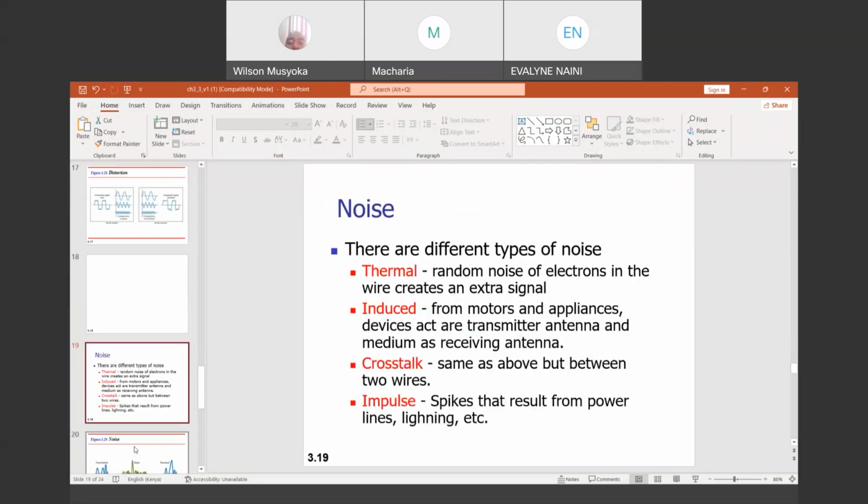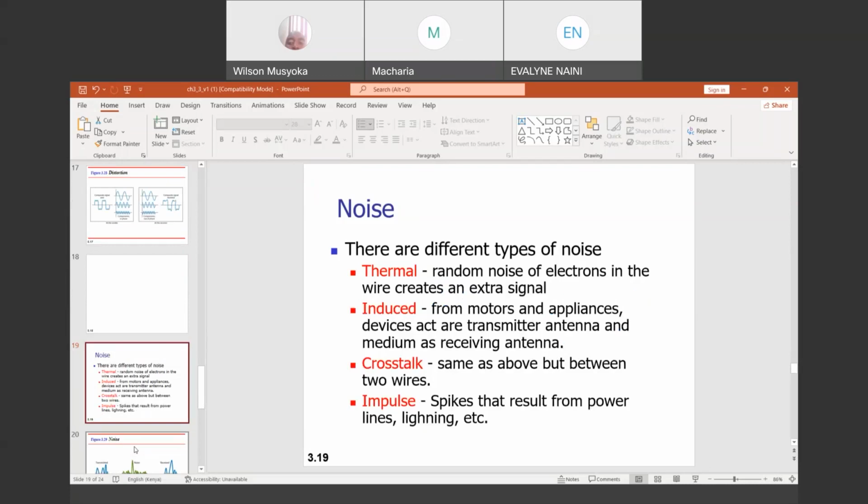Then we get to the last type, which we call noise. And when we talk about noise, we normally say that it is one of the major factors in affecting transmission or bringing about distortion. Although it is of its own type, it is actually a contributing factor into bringing about distortion.